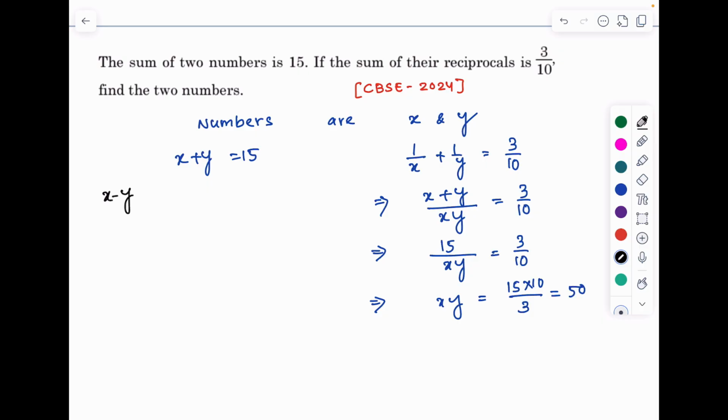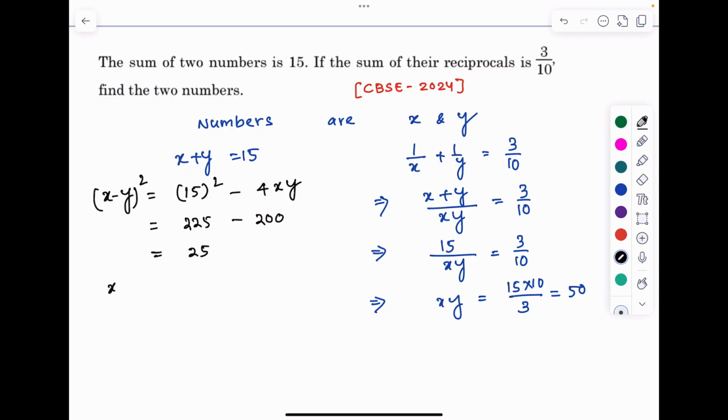we can get x minus y from here. x minus y whole square is equal to 15 square, a plus b whole square minus 4ab, 4xy, that is equal to 225 minus 4xy, xy is equal to 50 and 4 times is 200, that will be equal to 25.